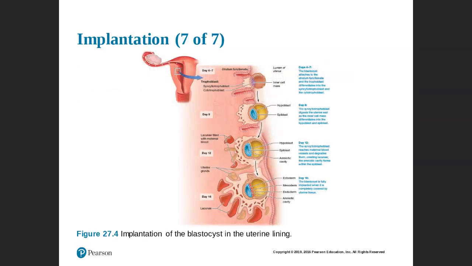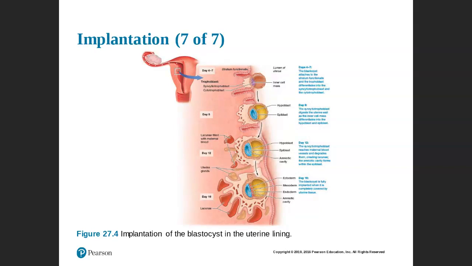Okay. So anyway, there's your implantation stage in the steps that we just described. Okay. Here's your inner cell mass. Here's your blastocyst attaching to the stratum functionalis and the trophoblast differentiating into the syncytiotrophoblast and the outer cytotrophoblast.